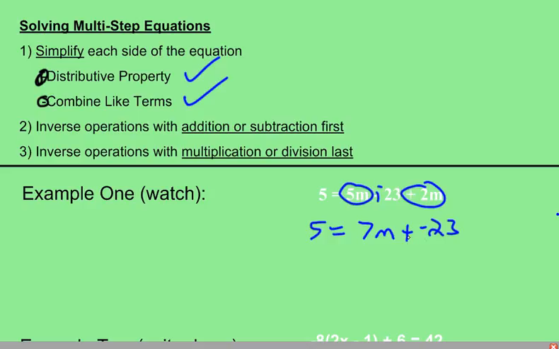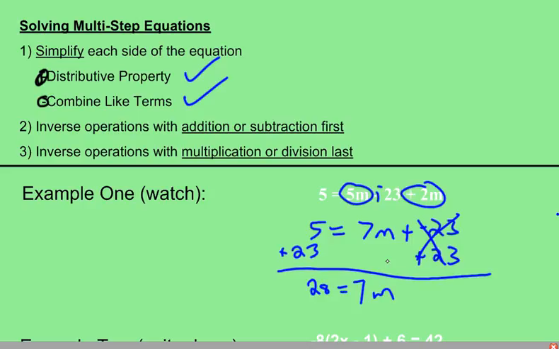On the right side, this minus 23 or plus negative 23 is added to the 7m, so we do the inverse, adding positive 23 to cancel out that negative 23. We do that to the left side as well, and we're left with 28 equals 7m.